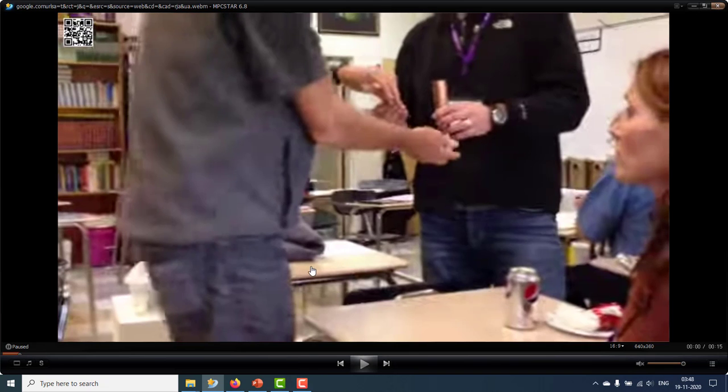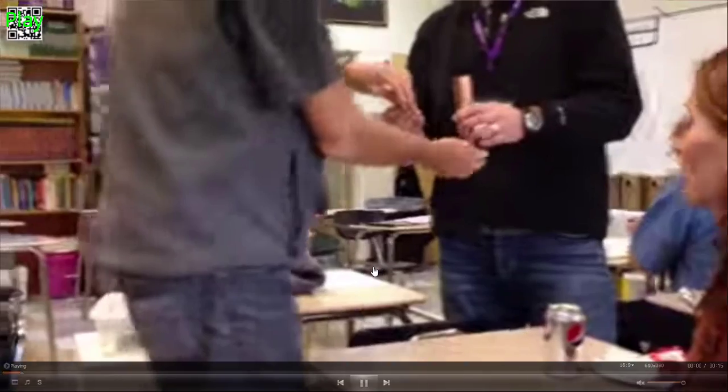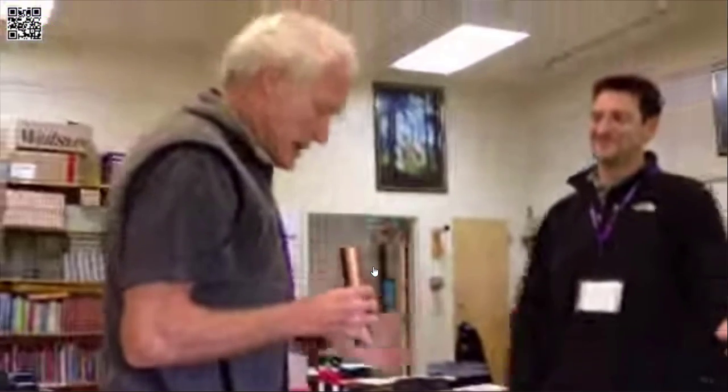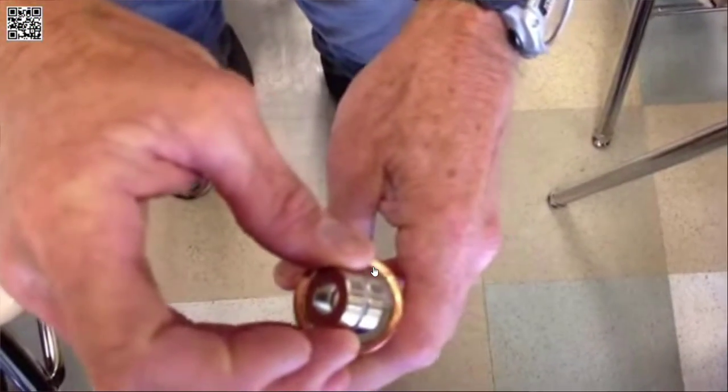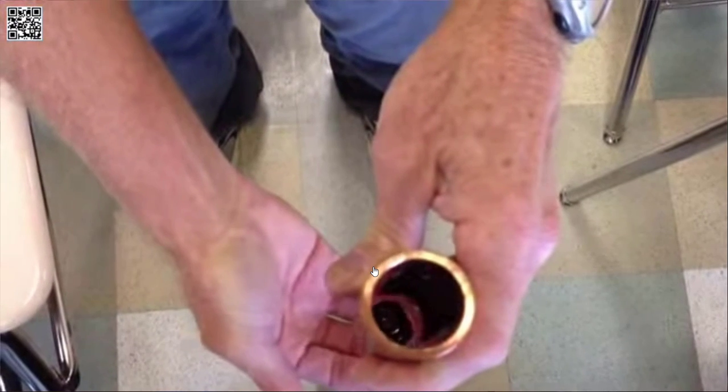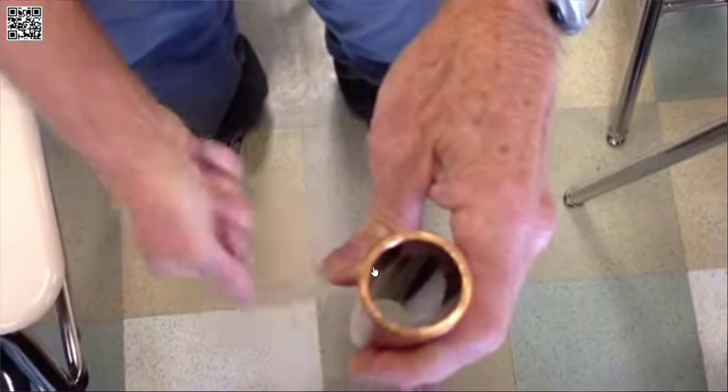Again, I will repeat: as this magnet is falling inside the copper tube, a reverse magnetic field is generated inside the copper tube, and that reverse magnetic field opposes the motion of the magnet.